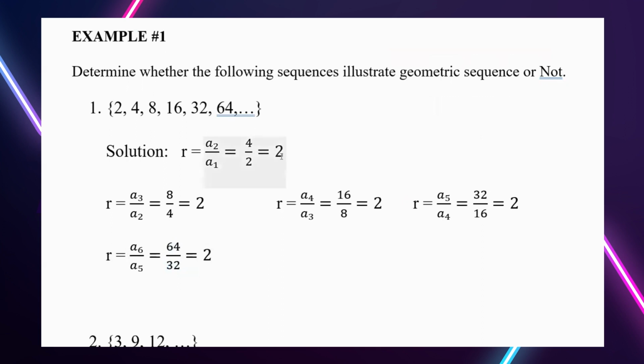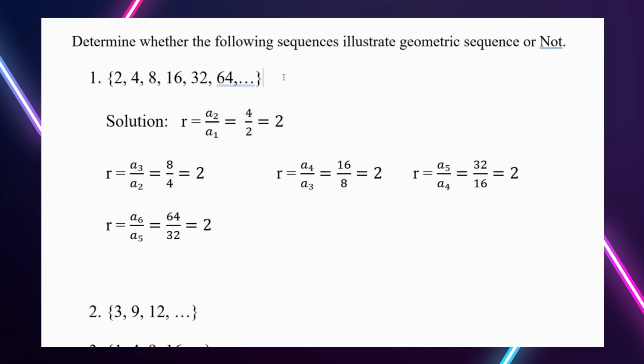So kung mapapansin natin, lahat ng common ratio ay positive 2. Ibig sabihin, ang conclusion natin dito sa ating sequence na given number 1 na 2, 4, 8, 16, 32, and 64 illustrate geometric sequence.